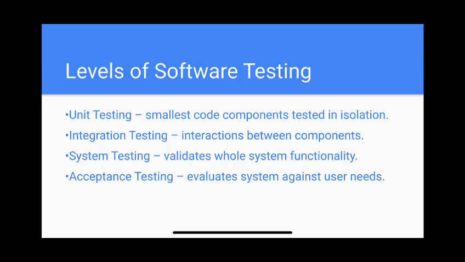This is the last checkpoint before you release the product, where actual users or stakeholders validate that the system meets the business needs. These 4 levels come together like a pyramid, with the base being unit testing, and building your way up to the final product.